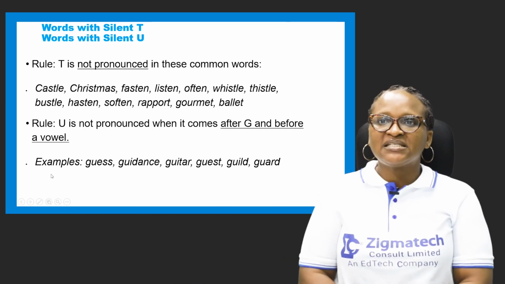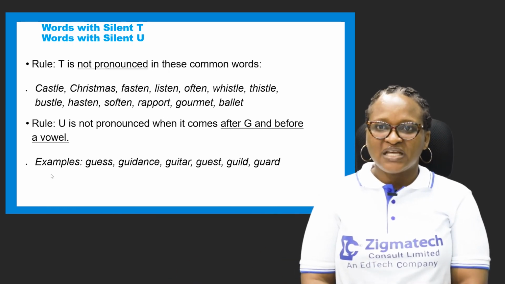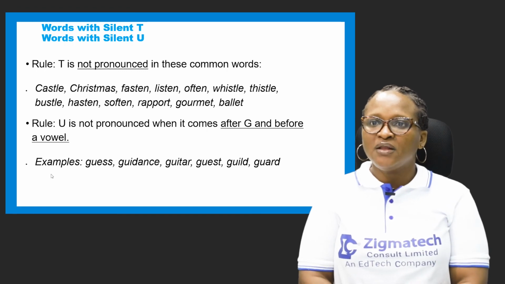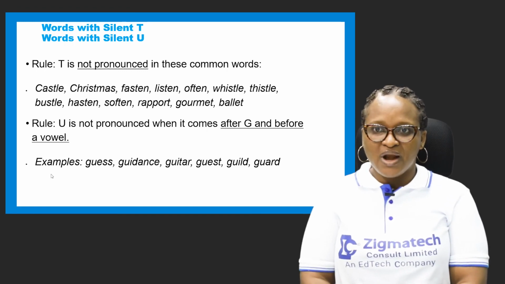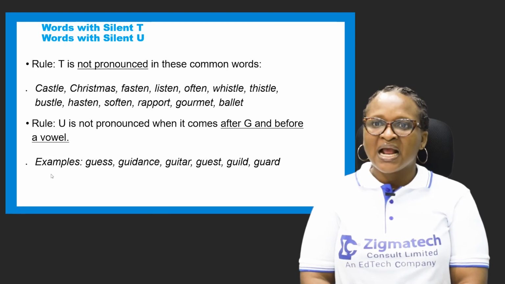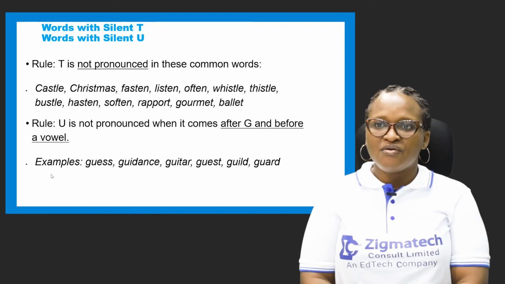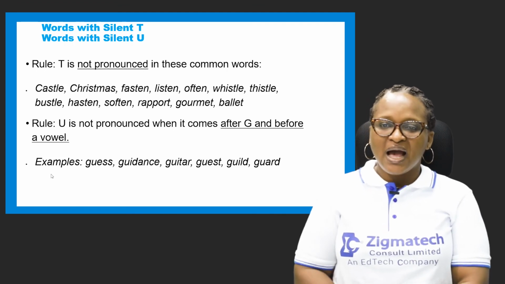Then we have silent T and silent U. Here the T's are not pronounced: Christmas, castle, fasten, listen, often, whistle, thistle, bustle, hasten, soften, rapport, gourmet, and ballet.